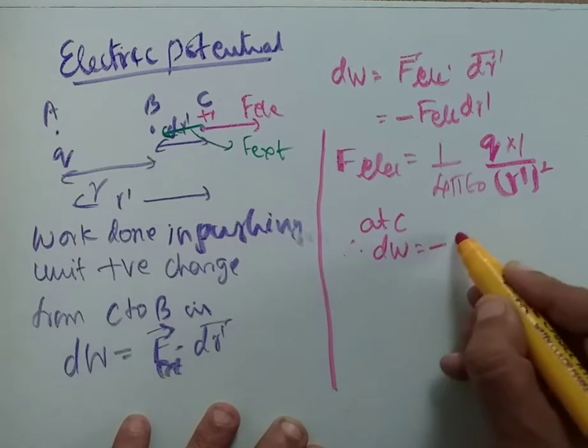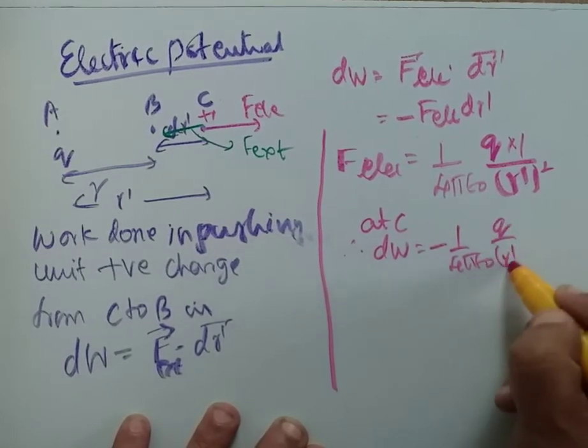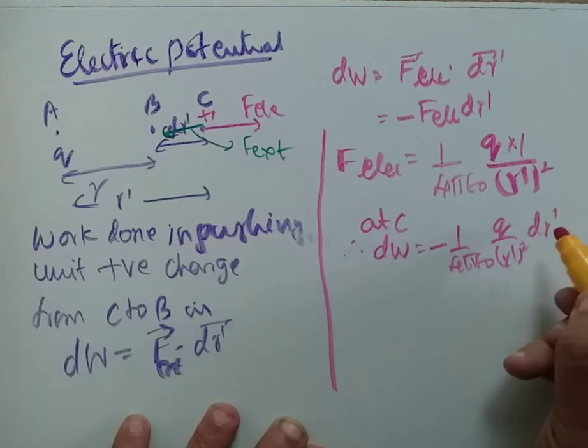What we have is minus 1 by 4 pi epsilon naught Q by r' squared dr'.